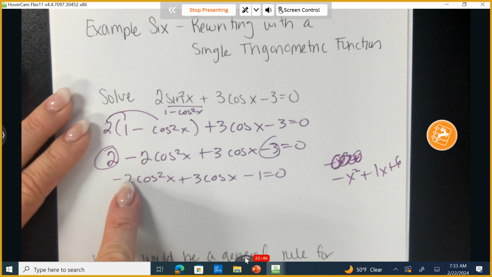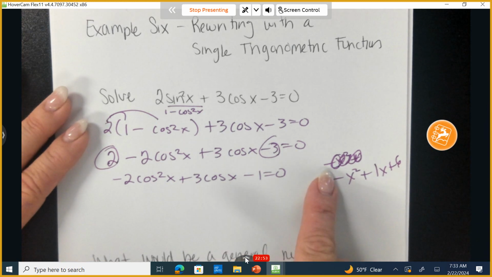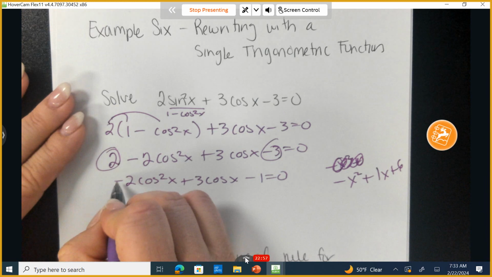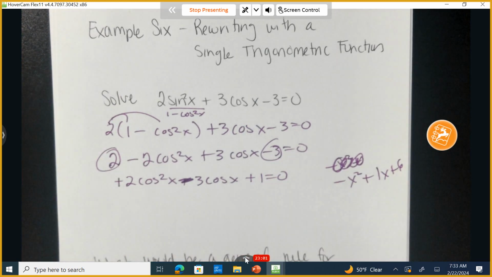Do you agree that if I took this and moved it to the other side, it'd become positive? And if I took this and moved over, it'd become negative? And if I took this and moved it over, it'd become positive. So I'm going to be lazy and not write that all out. Change, change, change. I want to know, is it possible to factor this? Try. Is it possible to factor this? Go.